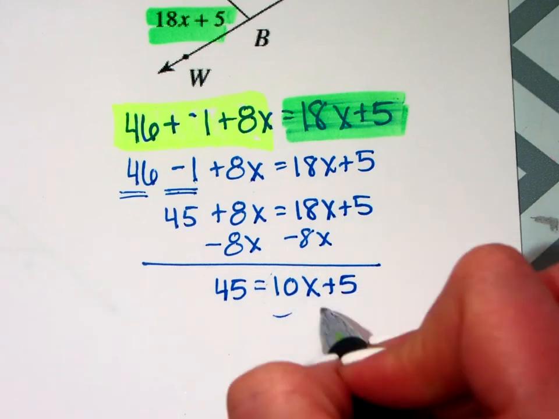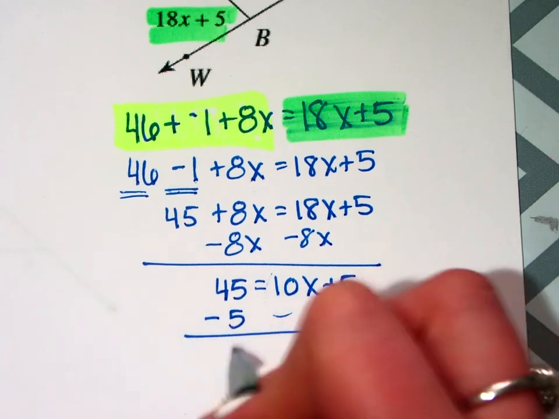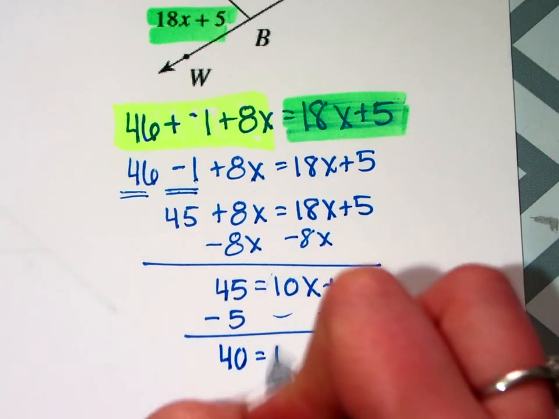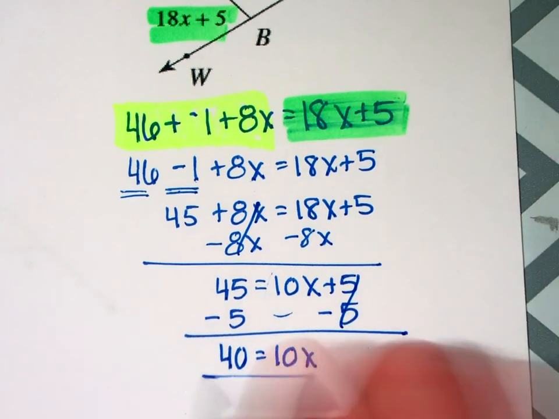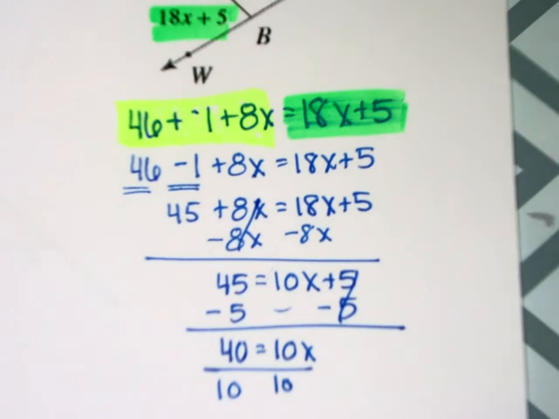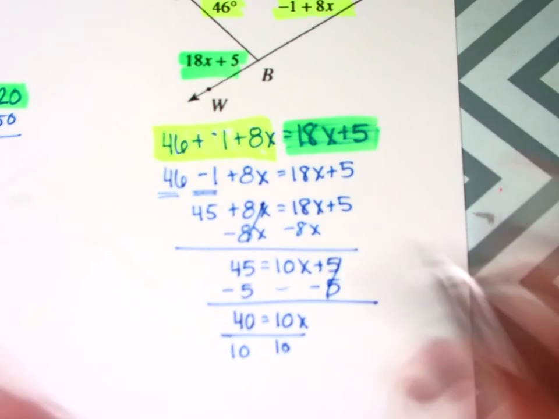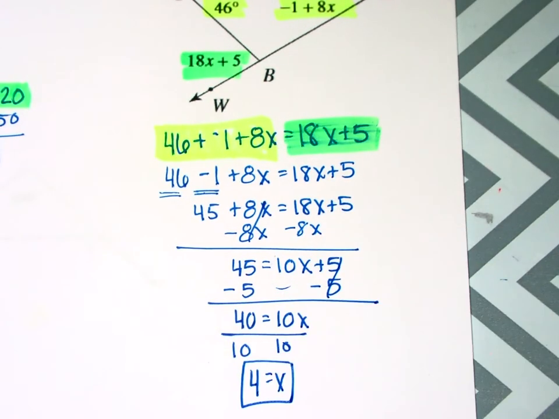Now my x's are together. Now I'm going to get my numbers together by subtracting. So 45 minus 5 is 40. Those cancel. And then I'm going to divide both sides by 10. Zoom out here so you got lots of room. So 40 divided by 10 is 4. So my x value is 4.